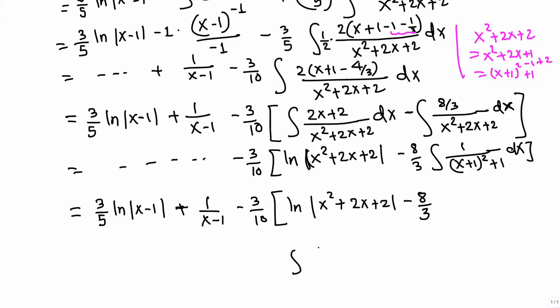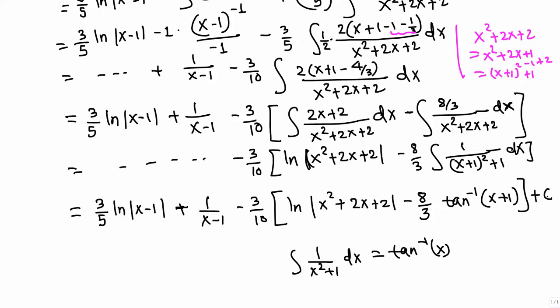It's just like 1 over x squared plus 1 dx. Derivative of x is dx. Same thing here. Derivative of x plus 1 is also 1 dx. So that's tangent inverse of x. So this will be tangent inverse of x plus 1. Final plus c outside. If you want to simplify, you can distribute negative 3 over 10 to these two terms, but this is it.